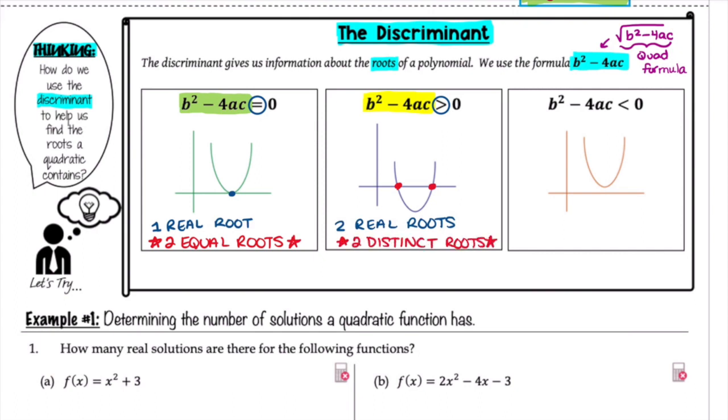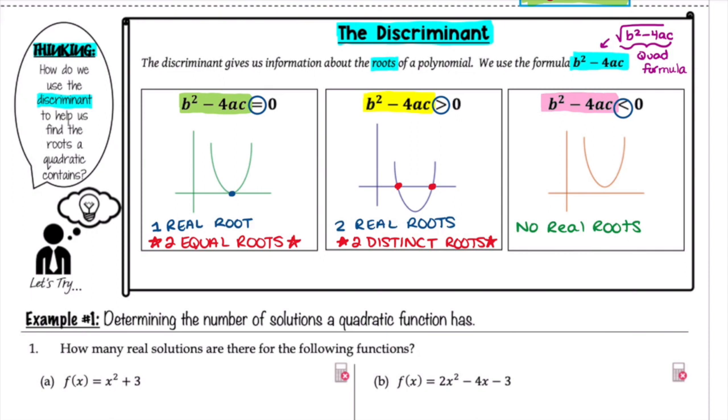The third case, we are looking at a parabola in which it does not touch the x-axis. Here we would have no real roots. We would actually have imaginary roots here. If we look at the discriminant, b squared minus 4ac, and the discriminant is less than 0, that means that we are dealing with imaginary roots.